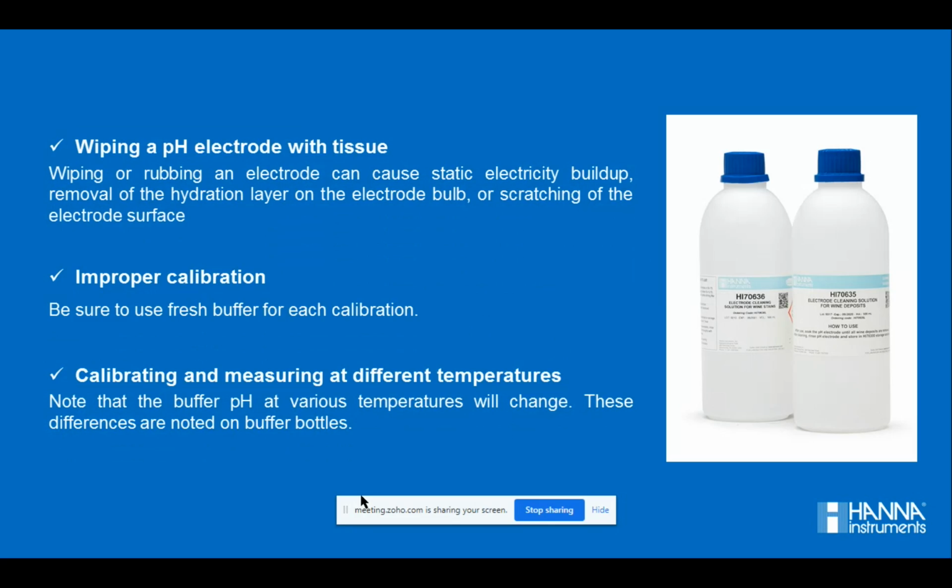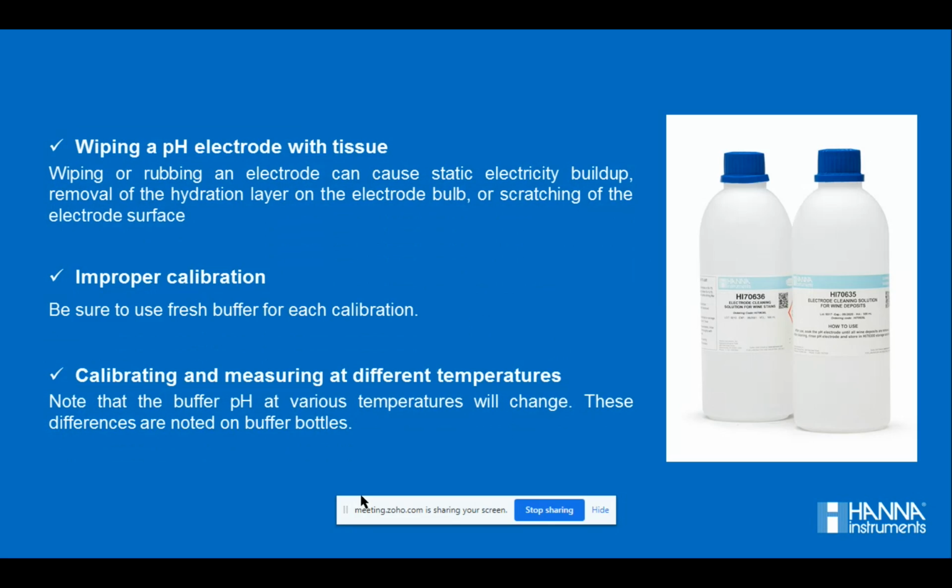Wiping or rubbing the pH electrode with tissue paper can cause static energy to develop on the hydrated layer and the bulb of the electrode, thus giving positive or negative interferences in the reading, and it might also scratch the surface of the junction or the surface of the pH bulb. Thus, it might give highly inaccurate readings.